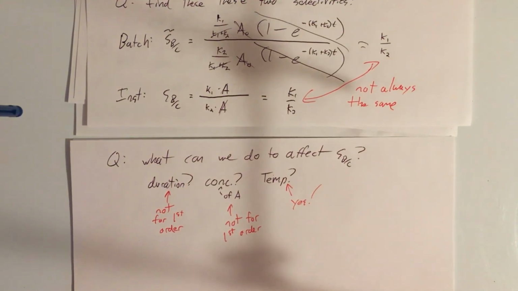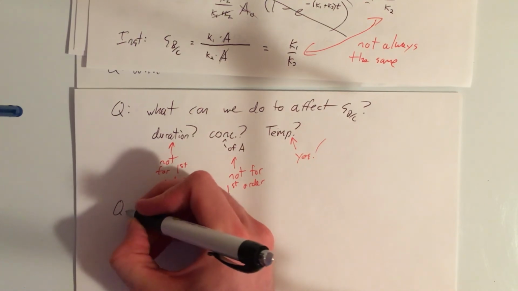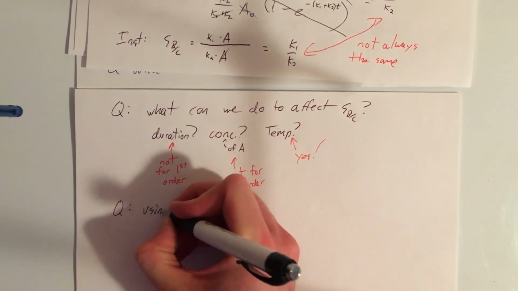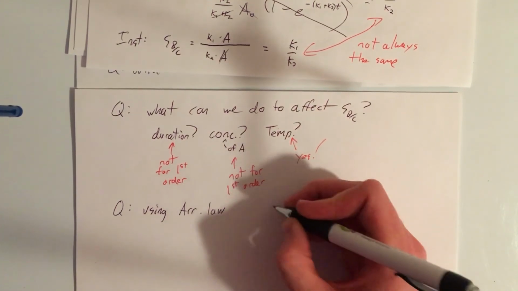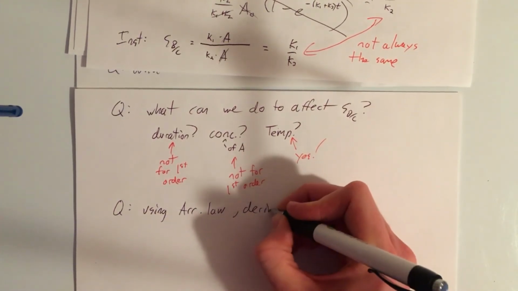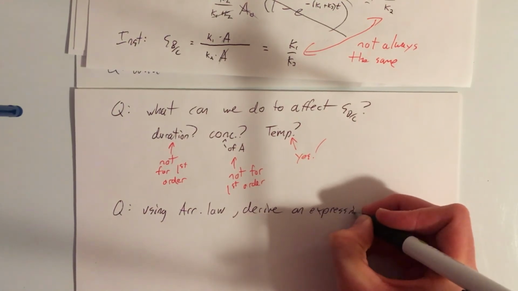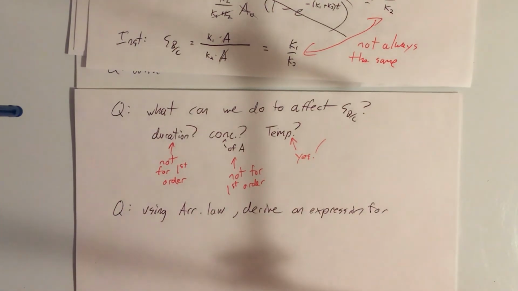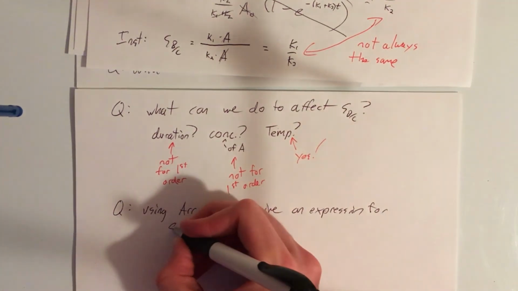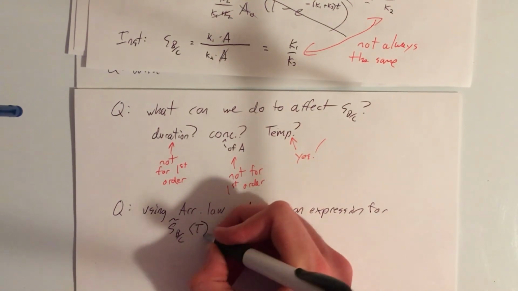So can we work out what we expect that to be? Question: using the Arrhenius law, derive an expression for the batch selectivity as a function of temperature.